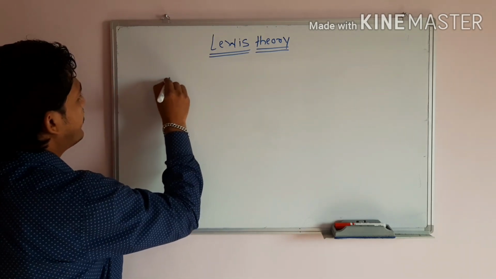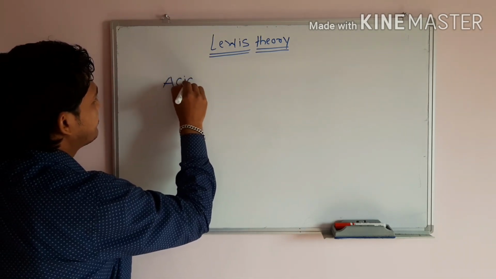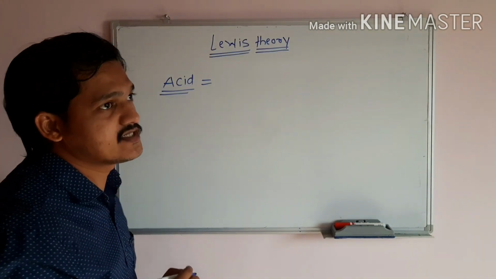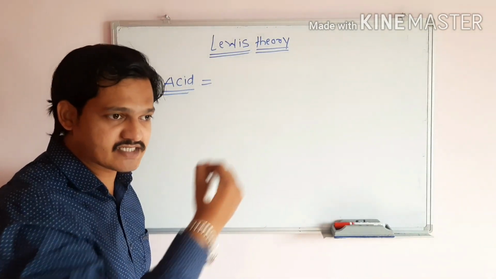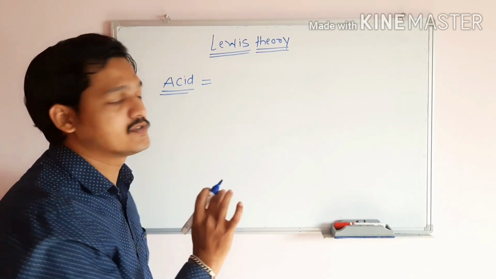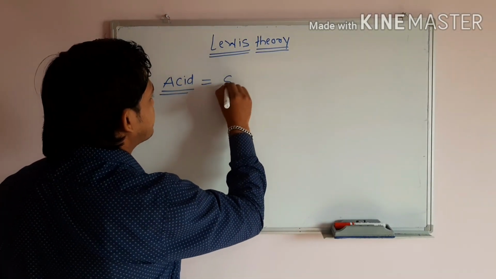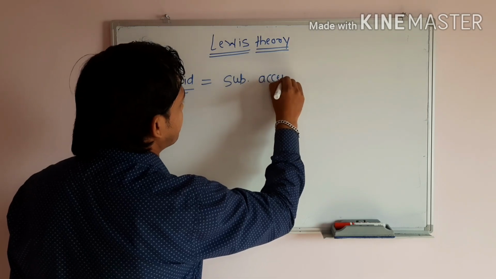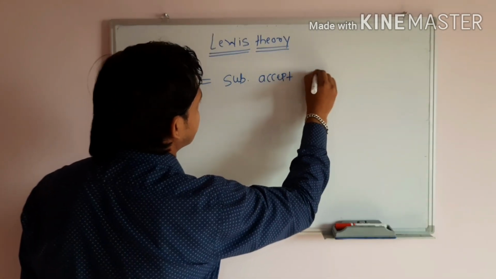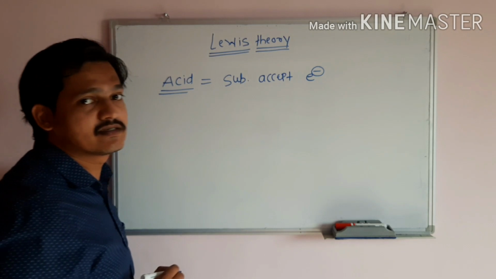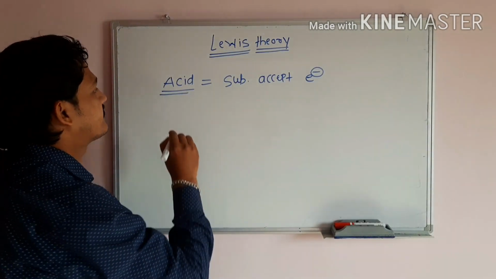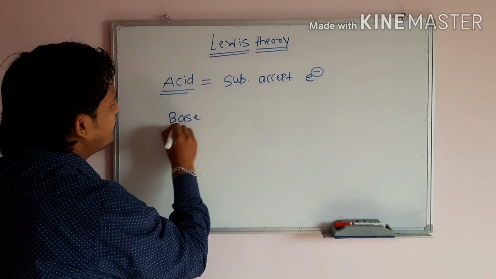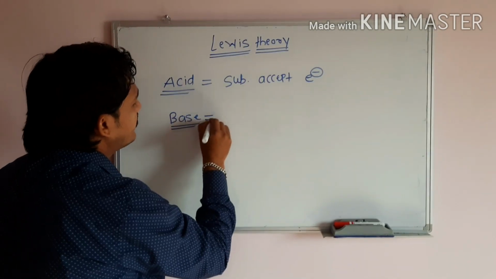According to Lewis, an acid is a substance which can accept electrons. The substance which can accept electrons is called an acid. Then, what is the definition of a base according to Lewis?